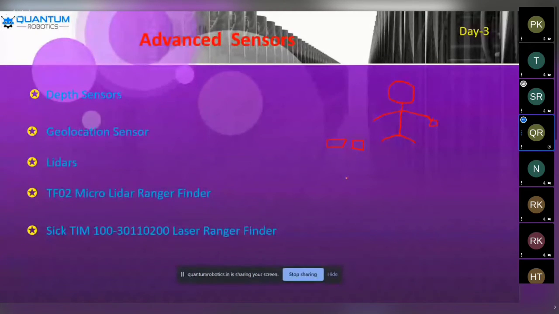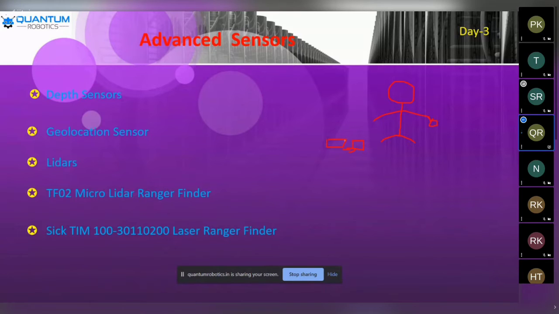For example, we can give 3, 4, or 2000 units of distance. According to that distance variance, the sensor detects the object and gives the data. It is transmitting ultrasonic sounds.